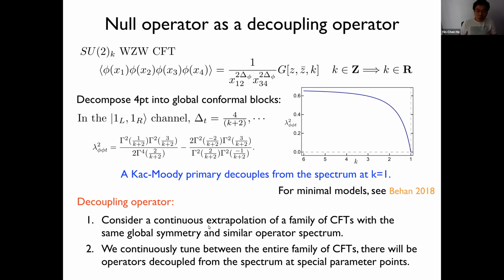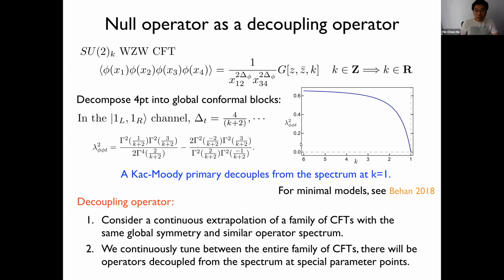Firstly, we consider a continuous extrapolation of a family of CFTs with the same global symmetry and operator spectrum. Then we continuously tune across the entire family of CFTs, like here, where we tune the Wess-Zumino-Witten level k. At some special parameter point, there will be operators decoupled from the spectrum, and these are the decoupling operators. In the context of 2D CFTs, in many cases the decoupling operator just happens to be the null operator.